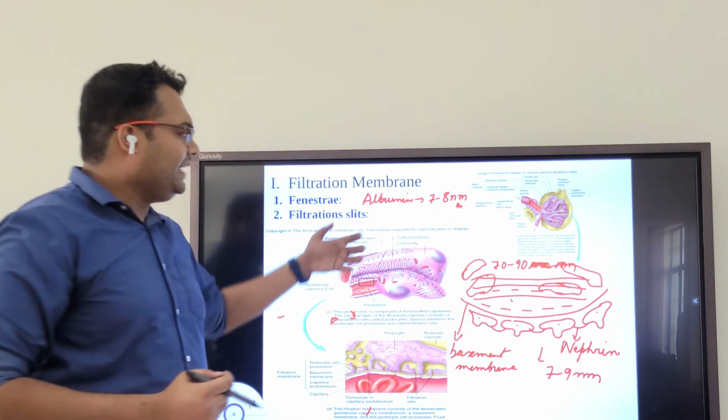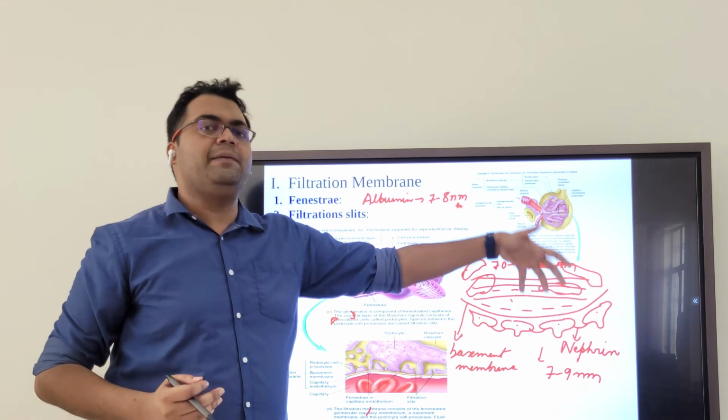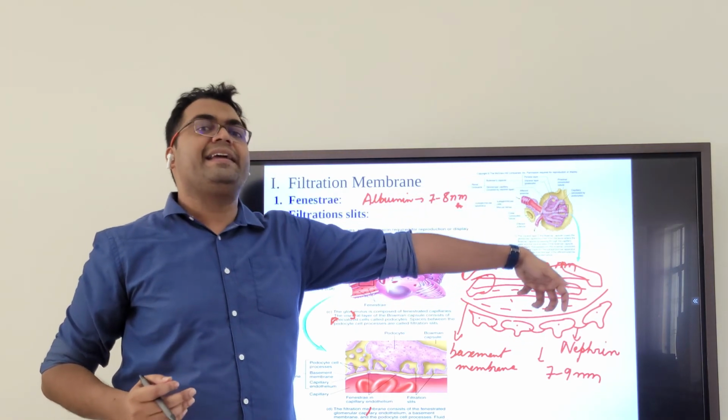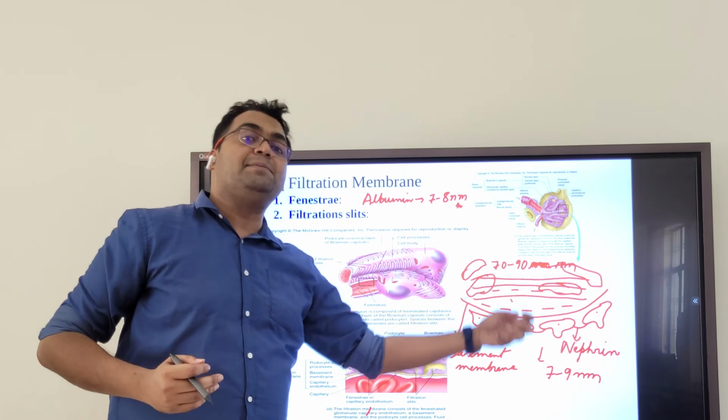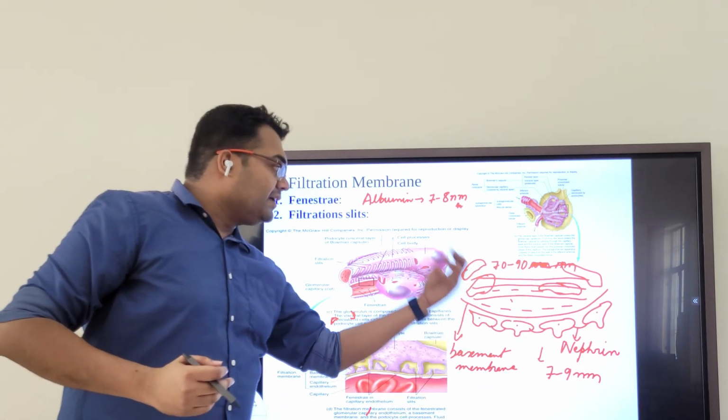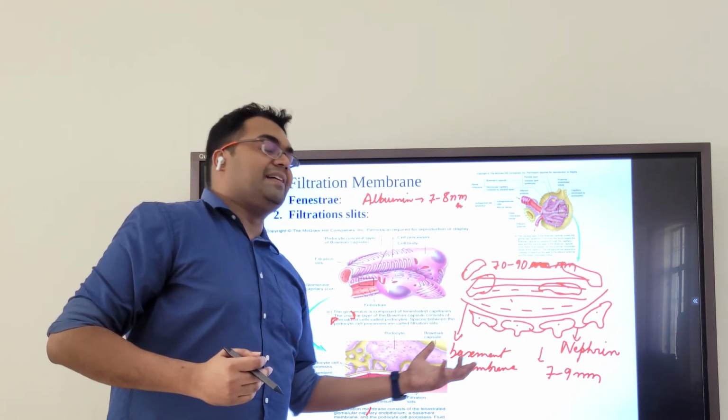So it completely impedes the filtration of albumin and prohibits the albumin from coming into the capsular space or into the Bowman's capsule or the glomerular space.